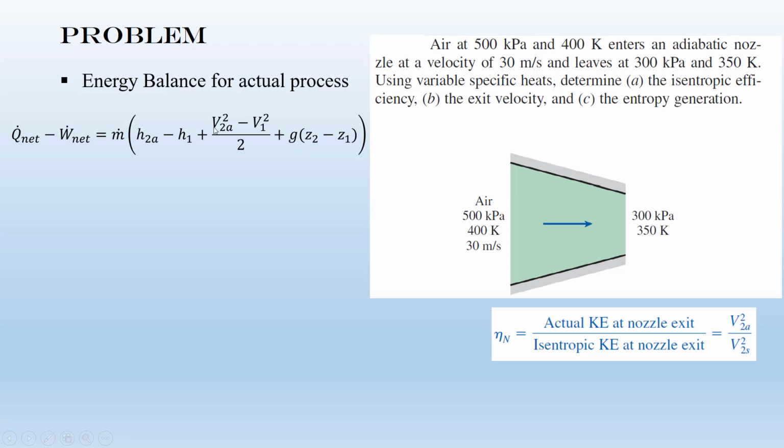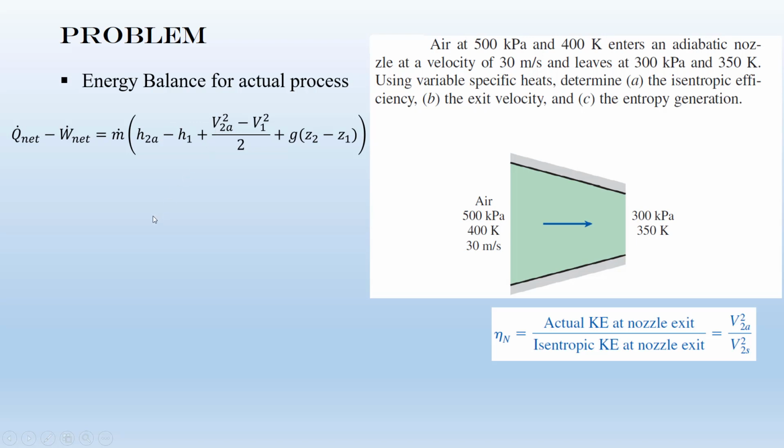So again, if you need to write this equation for isentropic nozzles, then this W will be W dot S, the work for isentropic nozzles. This will be the exit enthalpy for isentropic nozzles, and this will be the exit velocity for isentropic nozzles.